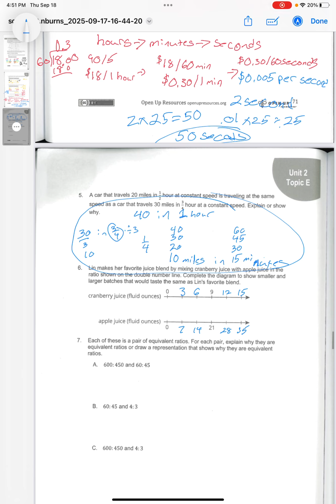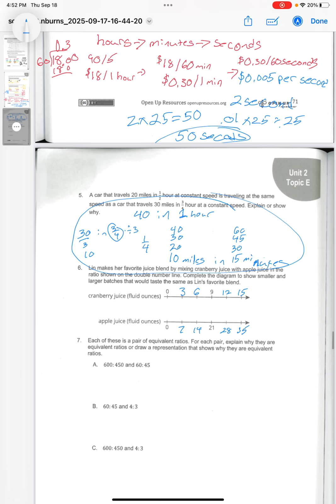And then for number 7 here, each of these is an equivalent ratio. For each pair, explain why they are equivalent ratios or draw a representation that shows why they are equivalent. Okay, so we got 600 and 450 and 60 to 45.